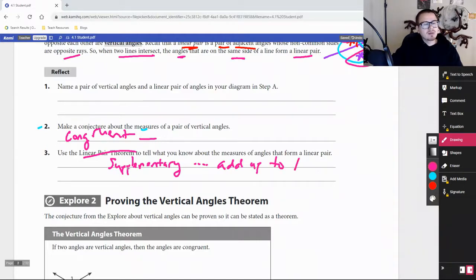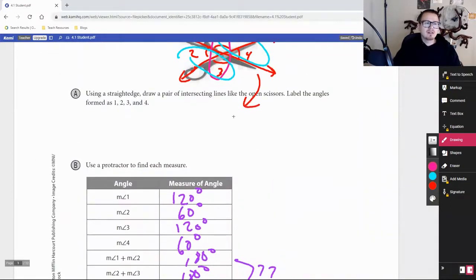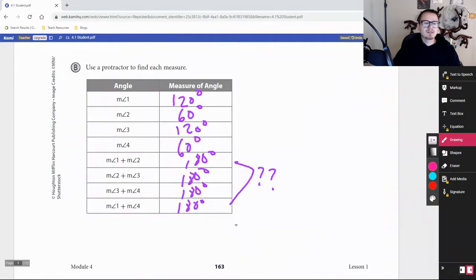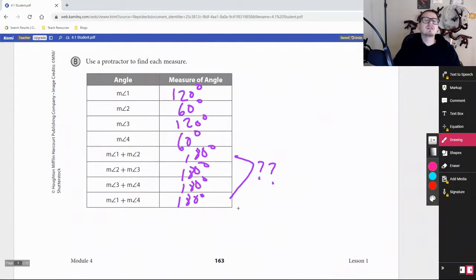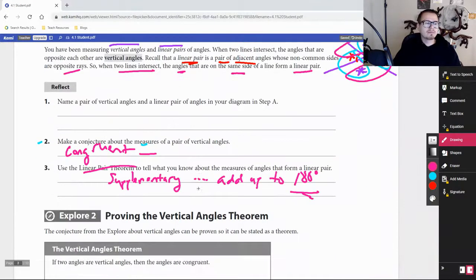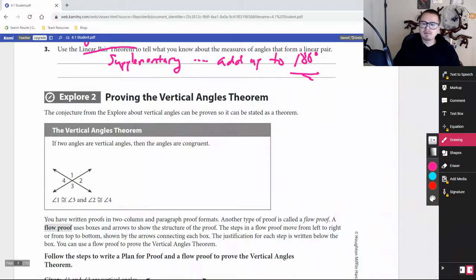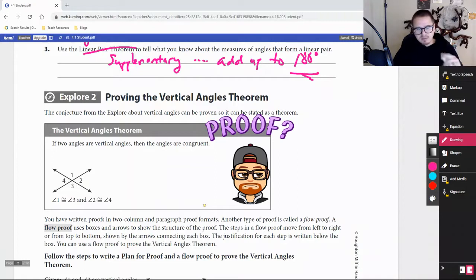Should look at your table. 180 degrees, which makes sense because they're right next to each other. They make a straight line, 180 degrees. Nice job, guys. Supplementary angles are always adjacent angles. Opposite angles are always congruent. Those are two takeaways. I'd write those down.